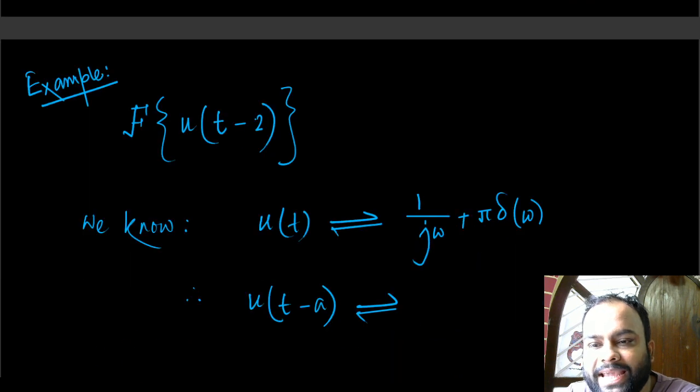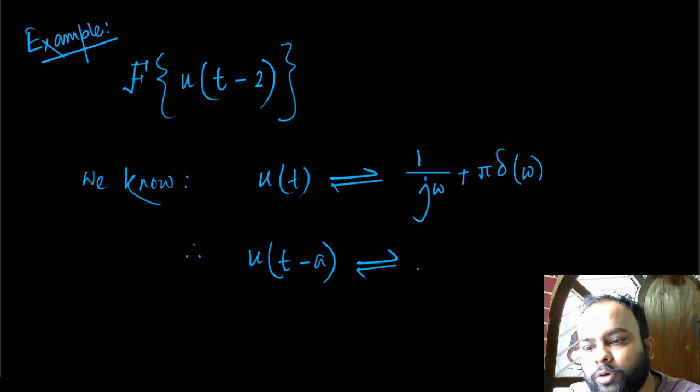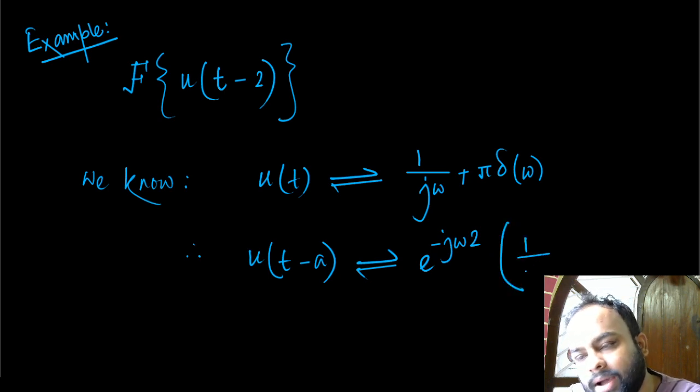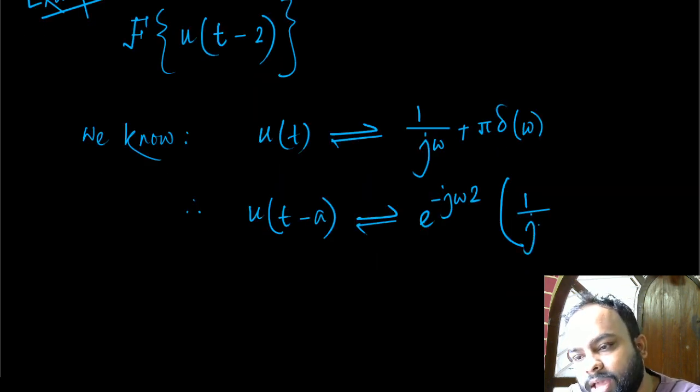So what is a here? This 2 is the a here, right? So the answer would be e to the power minus j omega 2, into 1 by j omega plus pi delta omega.